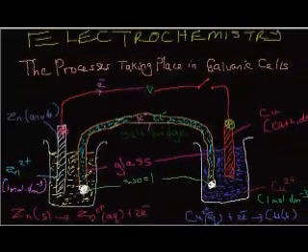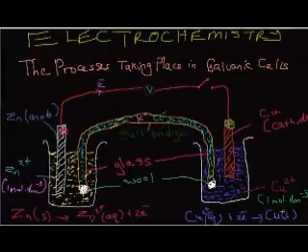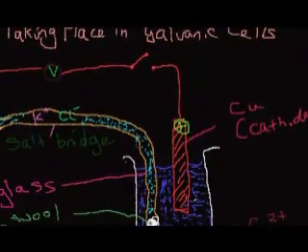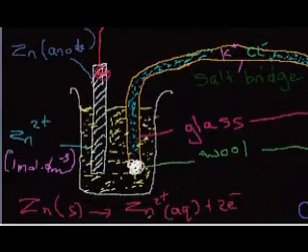As we can see here, we are forming more copper, so we are going to have an increase in mass at the cathode. We have a deposition of copper on our copper electrode. But on the side of our zinc electrode, the zinc is going to decrease in mass.